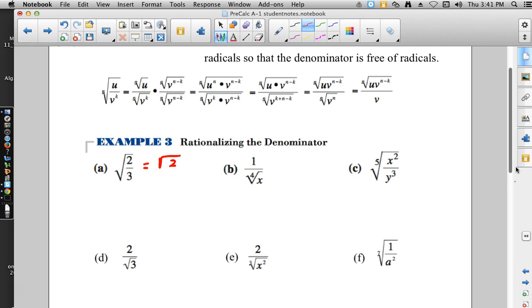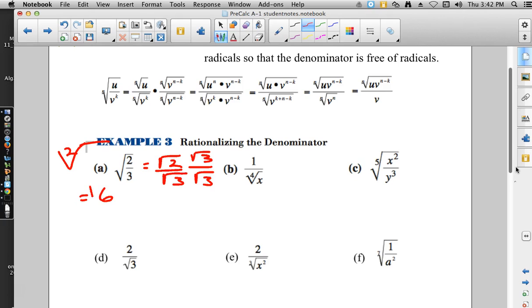We would separate these two in the hopes that something nice happens. The square root of 2 over the square root of 3. Nope, neither one of those is a perfect square. So what we have to do is figure out what I should multiply it by to get rid of that nasty square root of 3. Because the square root of 3 really has an index of 2, we're going to need another one of them, because we need the power of that 3 to match the index.